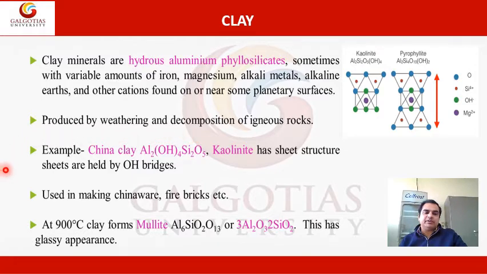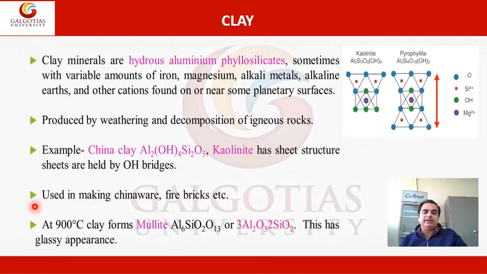For example, we have already discussed some common examples like China clay, whose formula is Al2(OH)4Si2O5. Another example is kaolinite, which has a sheet type structure, held by OH bridges in between them, and it can be utilized in making China wares, fire bricks, and various other applications.